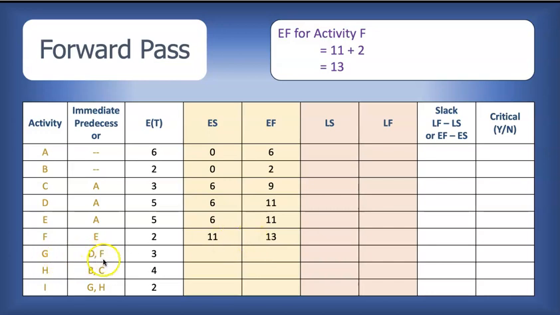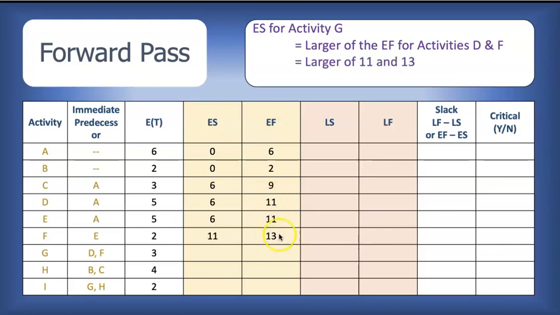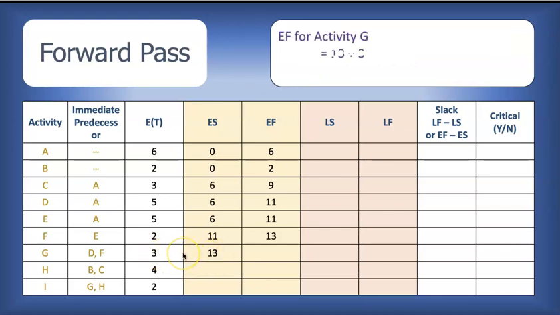Activity G follows activities D and F. So we're looking at now the larger of the earliest finish time for these 2 activities. So activity D ends at 11, activity F ends at 13. So the larger of those 2 would be 13, so we're using 13 as the earliest start time. For the earliest finish time, it's 13 plus the expected time, 3. That's 16.